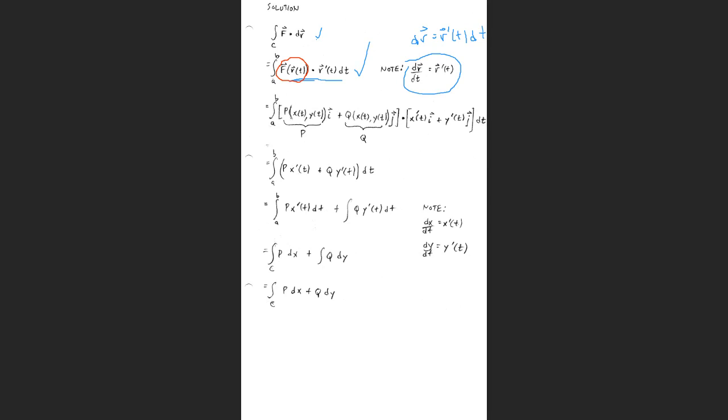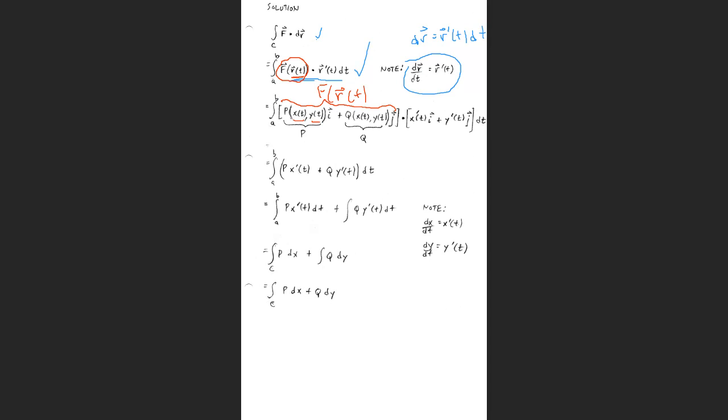There is the space curve function, r of t, that traces out the space curve and has coordinates x and y, and they are functions of t. So you see, you can write this F of r of t like you see here.